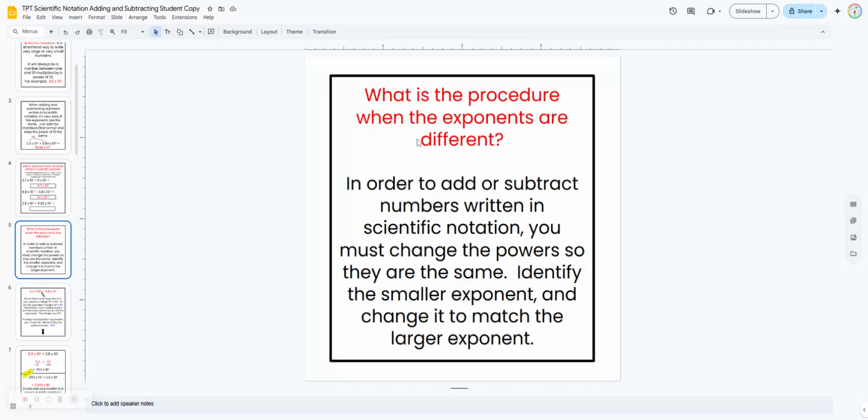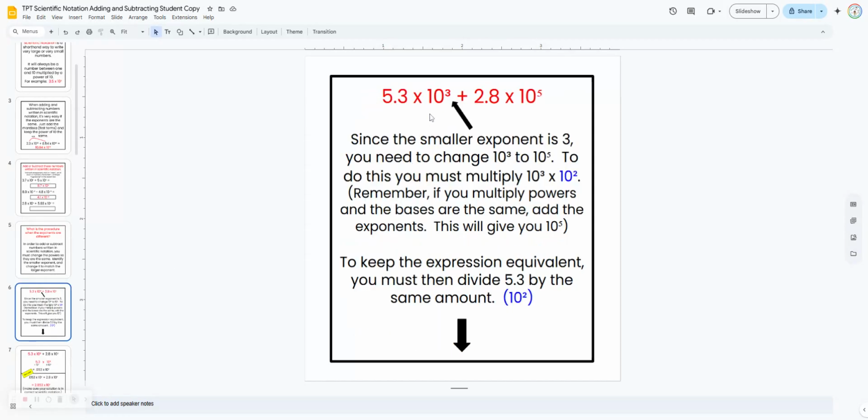Now, what's the procedure when the exponents are different? If the exponents are different and you're adding or subtracting, you need to change the powers so that they're the same. We're going to identify the smaller exponent and change it to match the larger exponent. So here you can see our exponents are different.